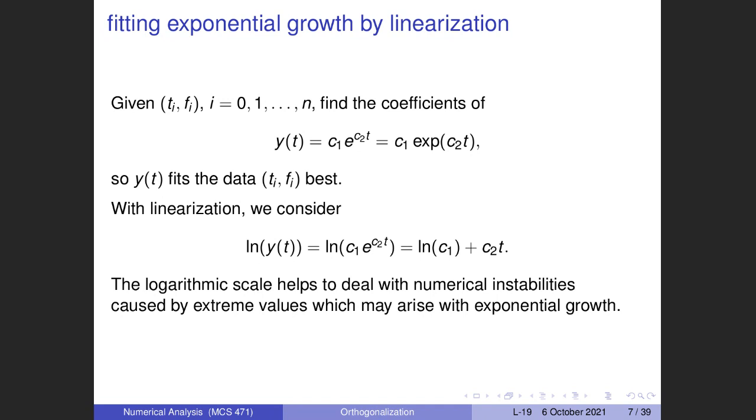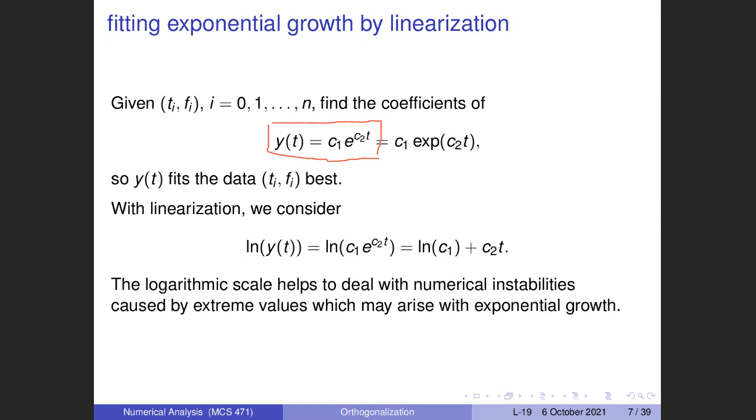So the model that we want: we want to find the exponent, the C2, but then also the constant C1. So we have two unknowns, and we see this phenomenon here as evolution in time. Now, if it is exponential growth, then the numbers will get larger and larger, and going over to a logarithmic scale is actually recommended.